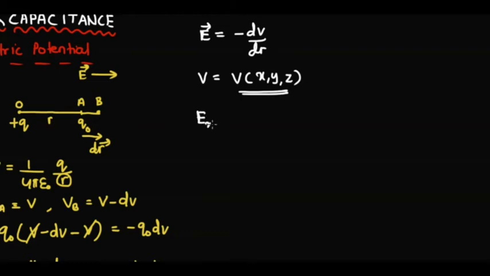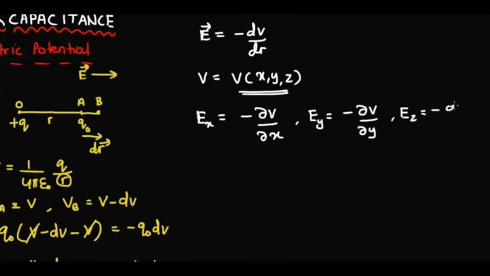The x component of the electric field is given by minus the partial differentiation of potential with respect to the x coordinate. The y component of the electric field is equal to minus the partial differentiation of potential with respect to the y coordinate, and the z component is equal to minus the partial differentiation of the potential with respect to the z coordinate.